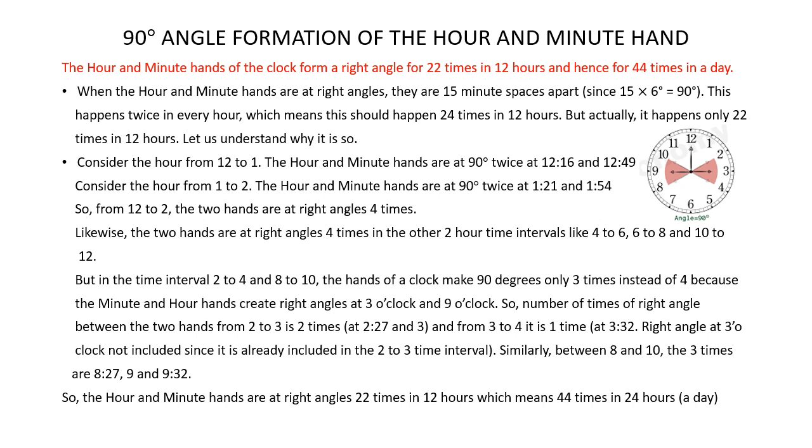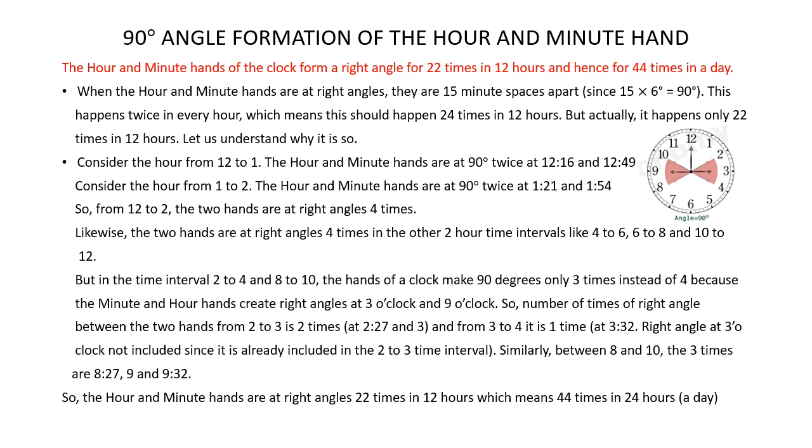But in the time interval from 2 to 4 and from 8 to 10, the hands of the clock are at right angles only 3 times instead of 4 times because the minute and the hour hands create right angles exactly at 3 o'clock and exactly at 9 o'clock.